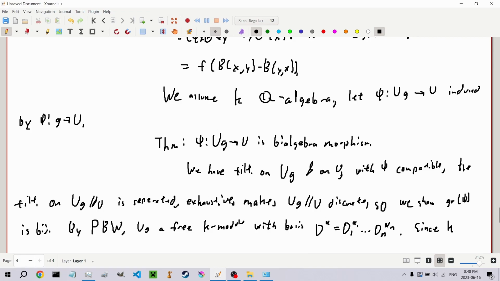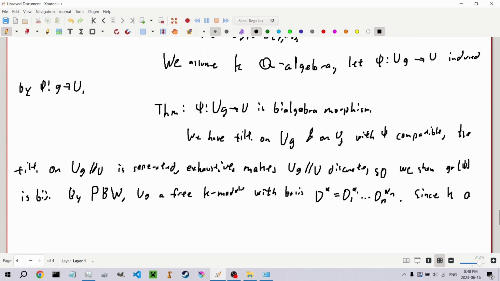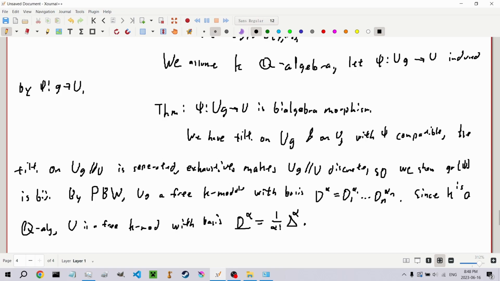Since K is a rational algebra, U is a free K module with a basis, we're going to write it as D underlined to the alpha, which is going to be 1 over alpha factorial times our delta of alpha.